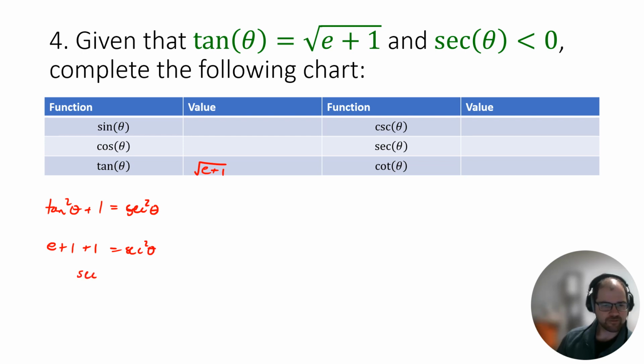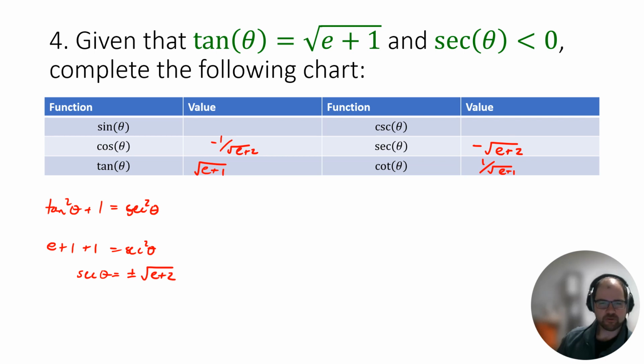This gives us that secant theta is plus or minus the square root of e plus 2. Since secant theta was given to be negative, I'm going to go ahead and select minus the square root of e plus 2. Okay, since tangent was root e plus 1, cotan is 1 over that. Since secant was minus root e plus 2, cosine is 1 over that.